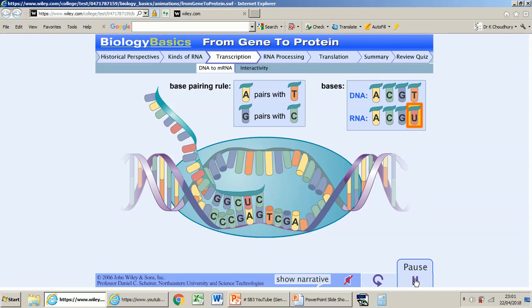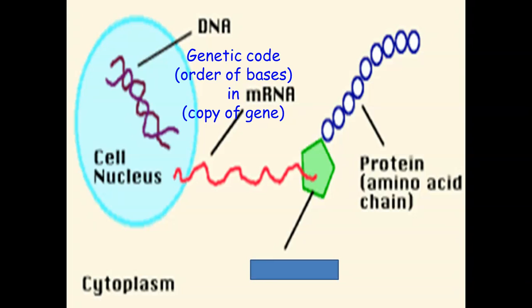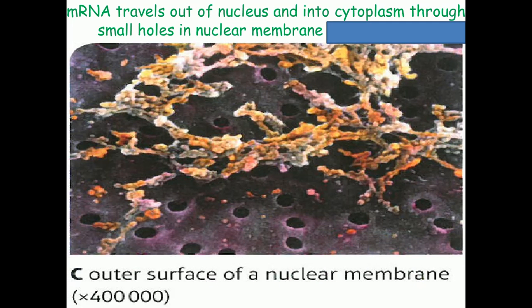And then these RNA nucleotides are joined together to form mRNA. The mRNA then can be sent to the ribosome to make the protein. It has to travel out of the nucleus and into the cytoplasm, and it does this through small holes in the nuclear membrane called nuclear pores.